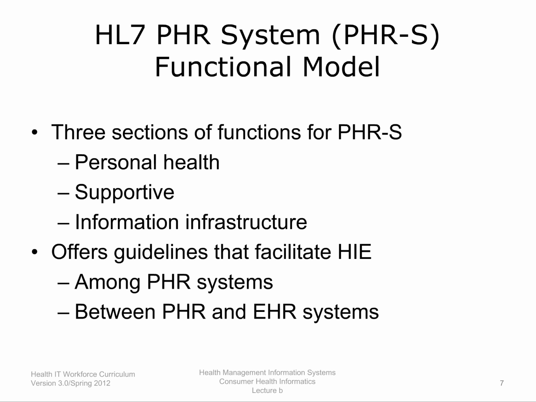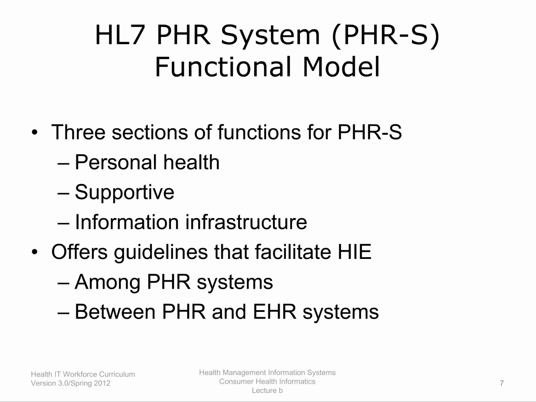HL7, 2011, paragraph 1. As stated on HL7's Wiki, 2008, quote, the PHR-S FM defines the set of functions for personal health record, PHR, systems, and offers guidelines that facilitate health information exchange among different PHR systems and between PHR and electronic health record systems, end quote, paragraph 1.